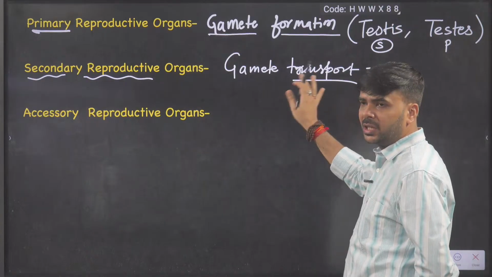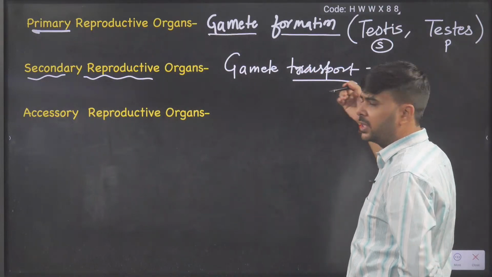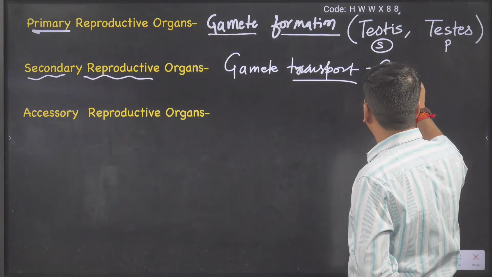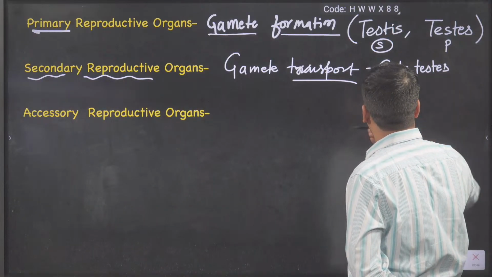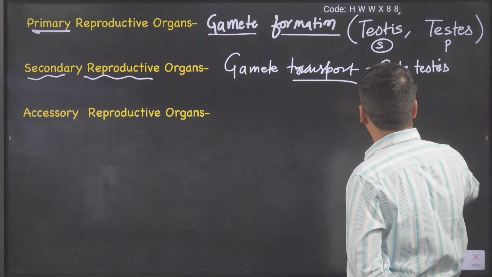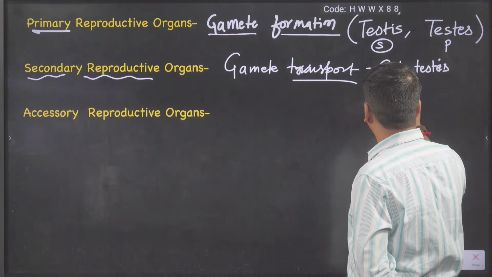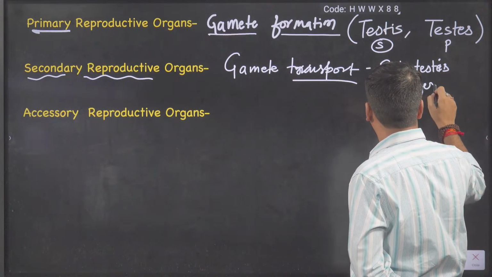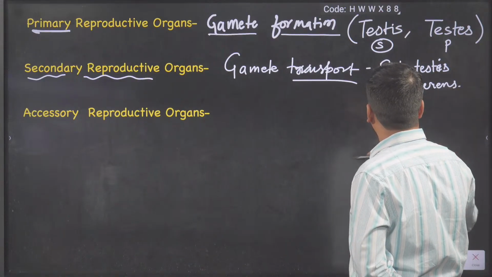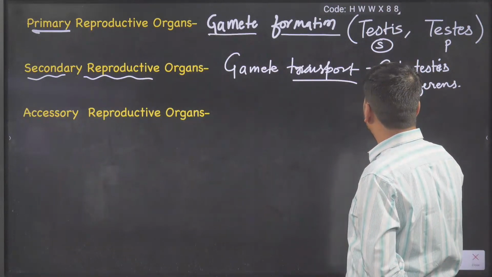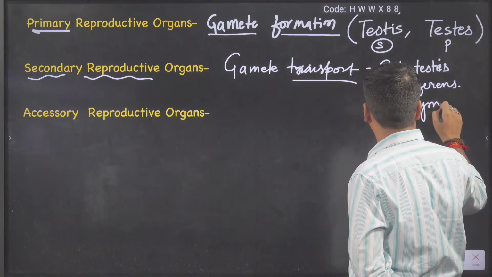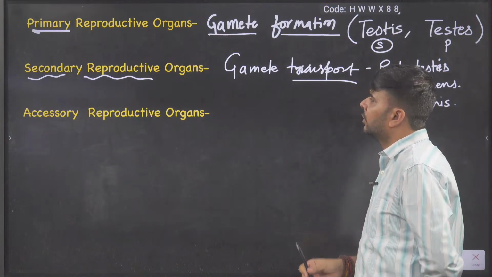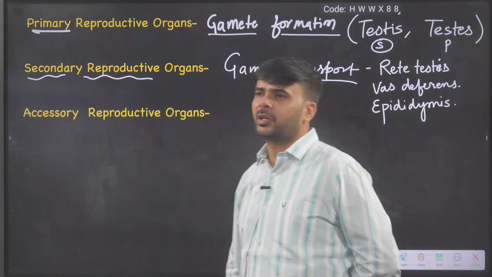If you want all these references, you can refer to NCERT books. Then vas deferens, then epididymis. This is secondary reproductive organ.